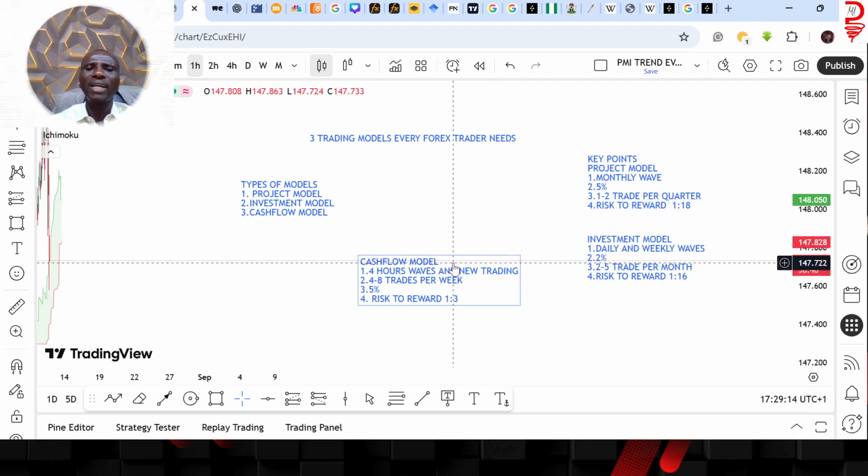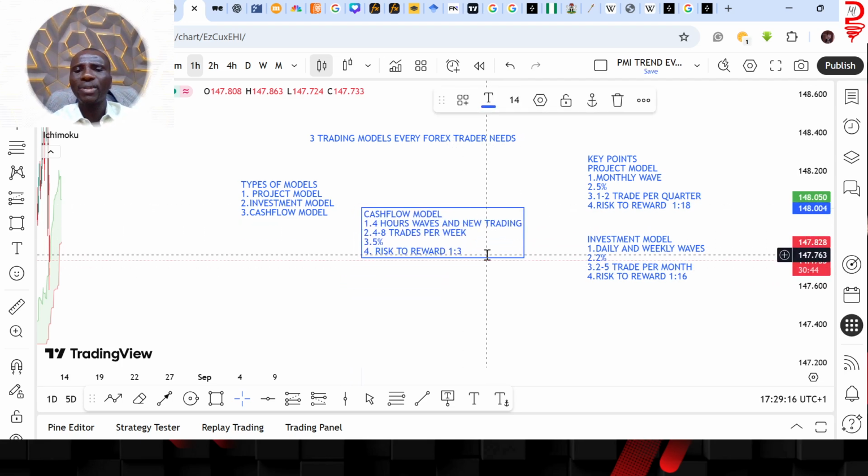Now, if you can ensure that you separate your trading capital to fit into each of these trading models, by the time you are able to put a fraction of your capital aside for projects, a fraction of your capital aside for investment, and you now have a fraction of it as your cash flow account, this particular account is what you will now leverage on to see how forex works on a weekly basis.